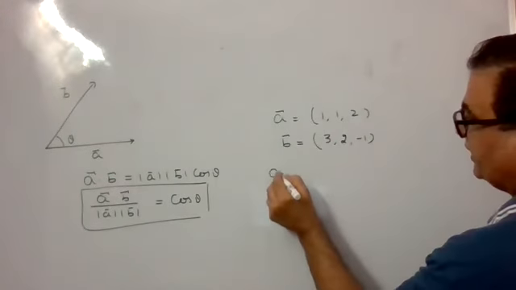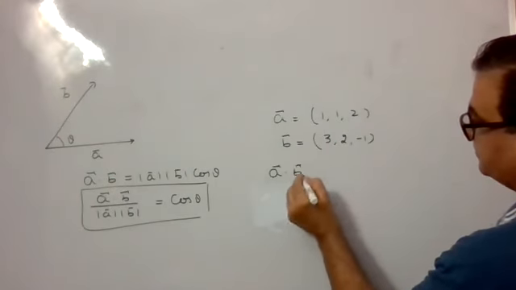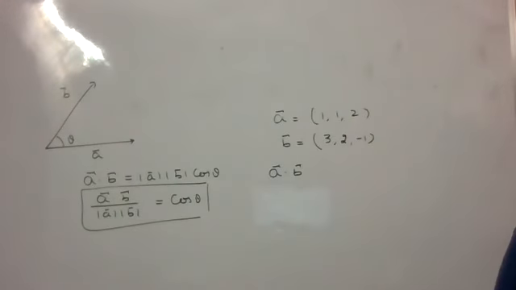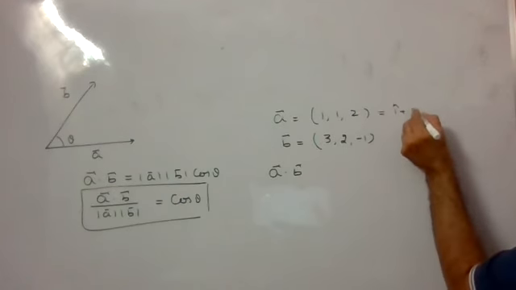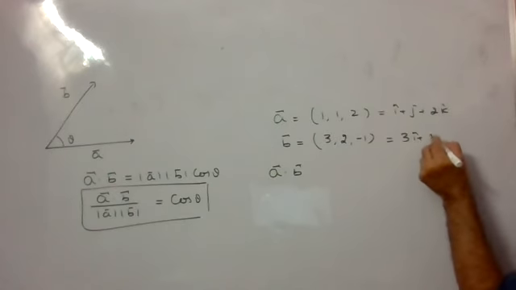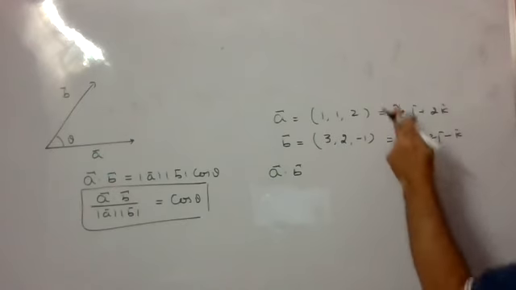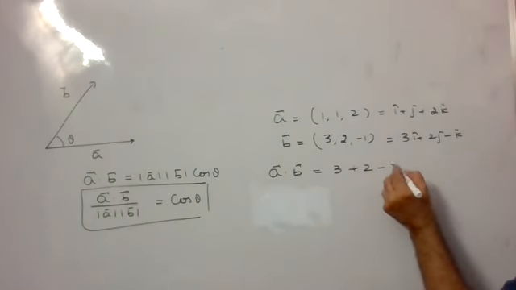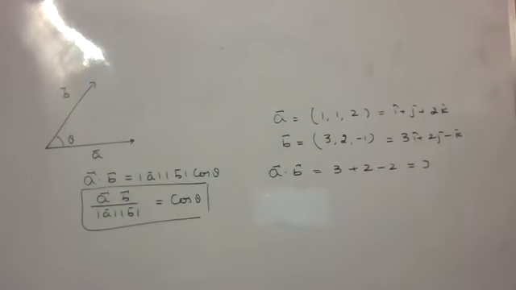My question is, find out what is A dot B. Sir, 3. Yes, it will be 3. Directly, you can write i plus j plus twice of k, and this will be 3i plus 2j minus k. And when you have the dot product, I'll write this as 3 plus 2 and then minus 2. Your answer is correct.